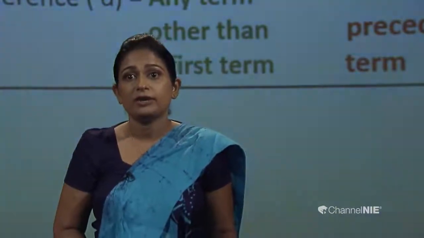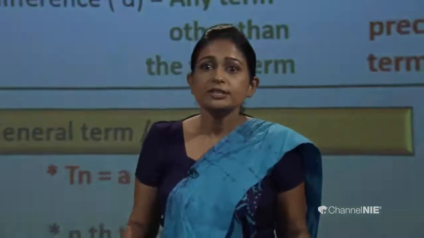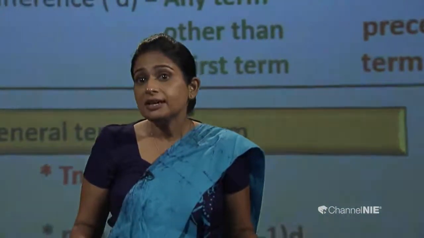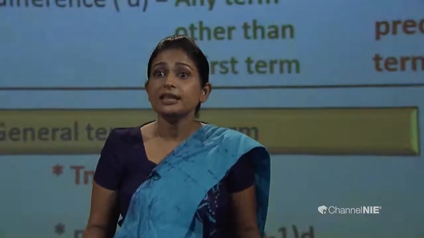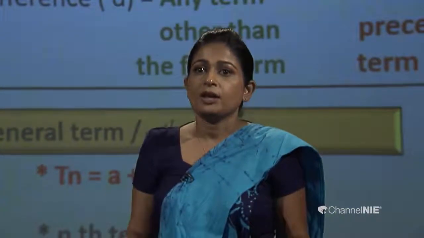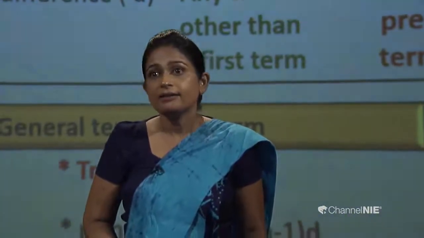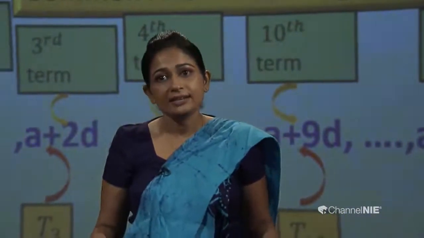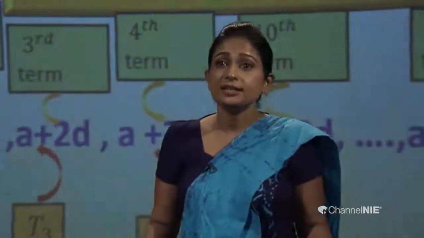Then we found the general term of arithmetic progressions. We name it Tn, the term in the nth position, so we can call it the nth term also. Then we learnt about the common arithmetic progression. I think you remember that: a is the first term, a plus d is the second term, a plus 2d is the third term.